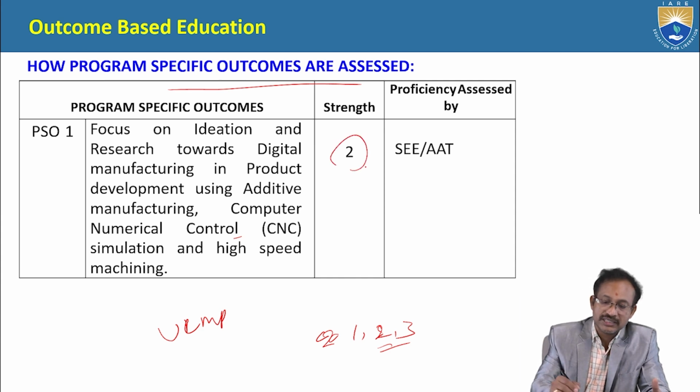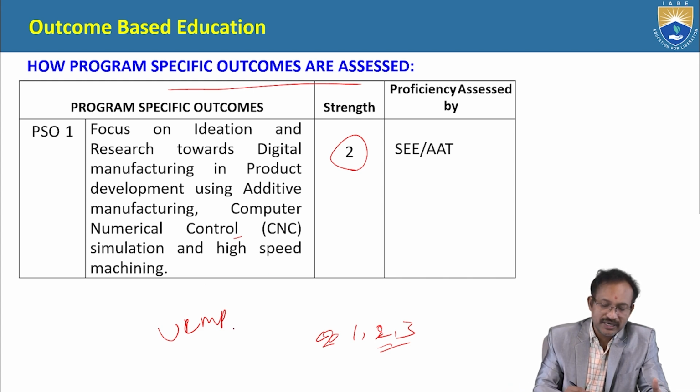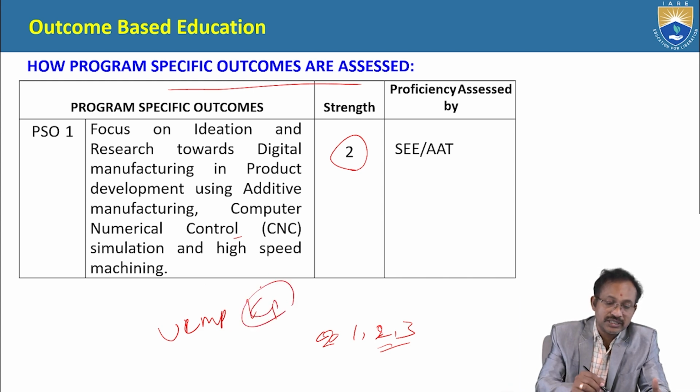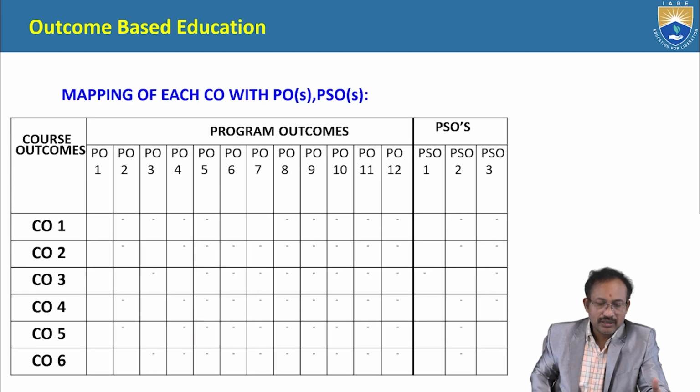So here the strength is 2, moderate. Many key parameters are associated to this program specific outcome. So this is the mapping between courses and program outcomes.